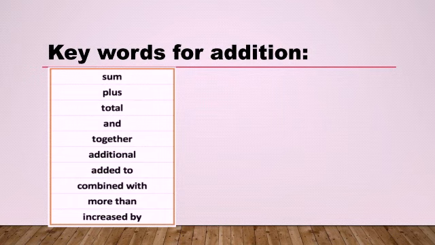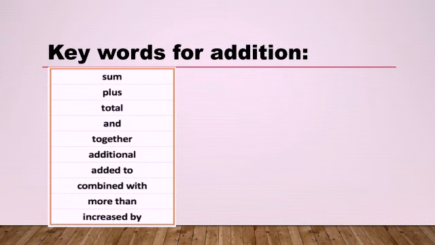To recognize which kind of word problem it is, we have to know the keywords. Here is a list of keywords I have written: sum, plus, total, and, together, additional, added to, combined with, more than, increased by, altogether, in all.